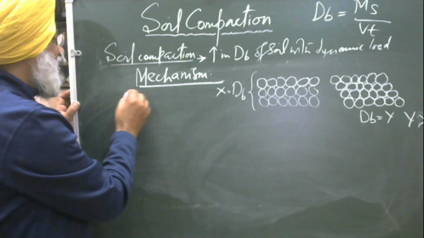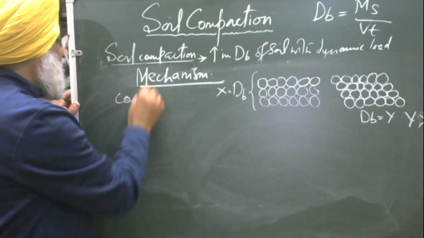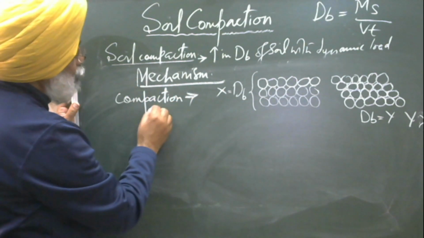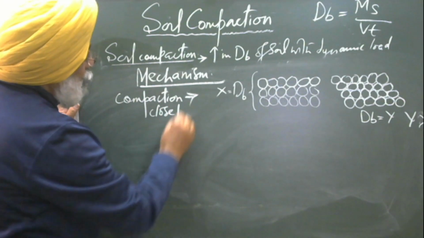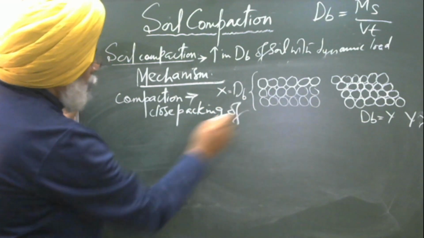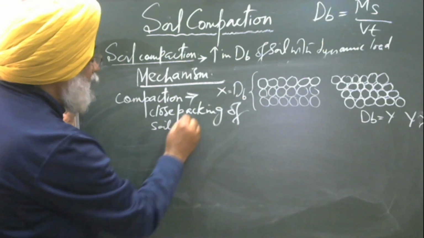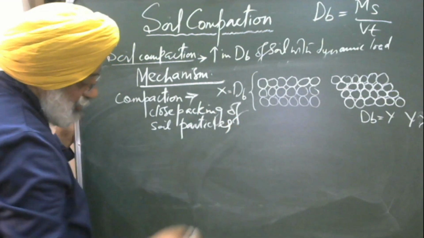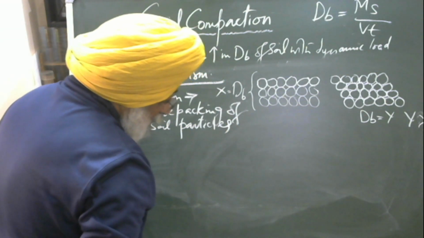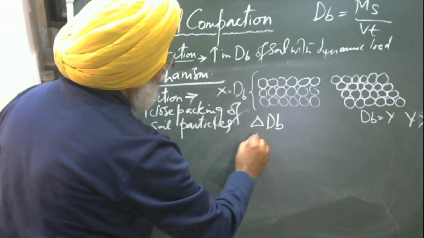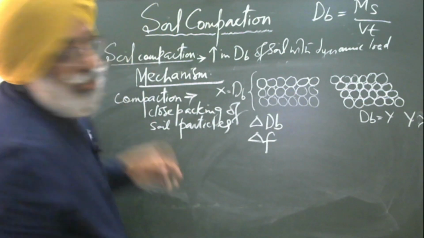So compaction means close packing of soil particles, soil solids you can say, and this is indicated by change in bulk density and change in porosity of the soil.